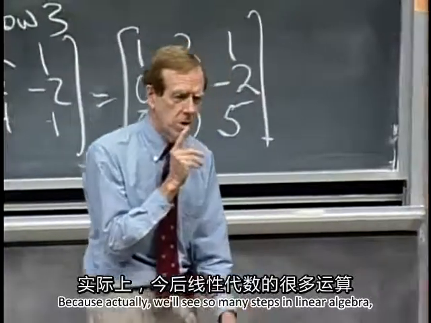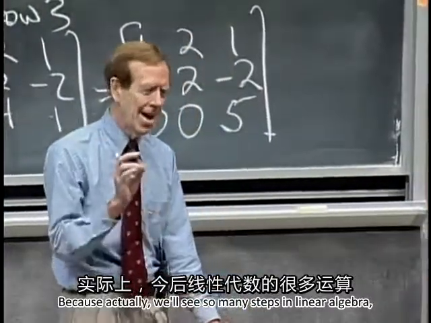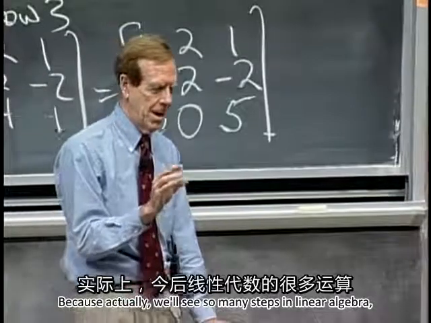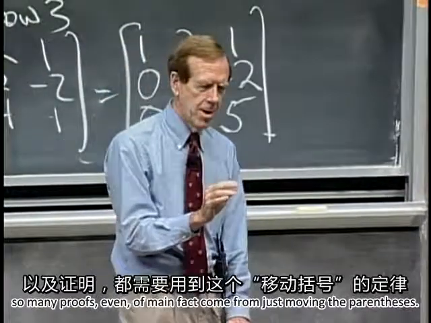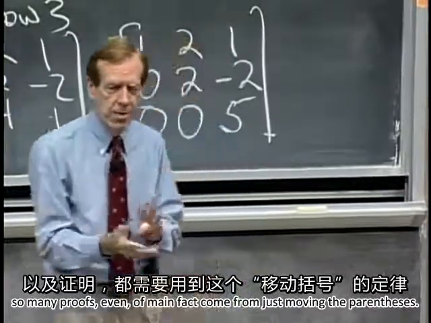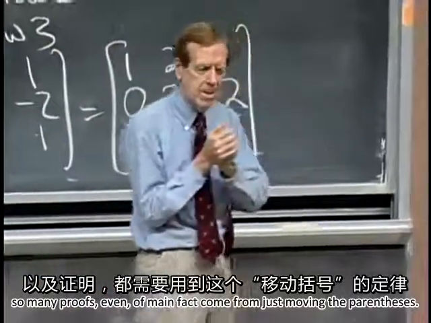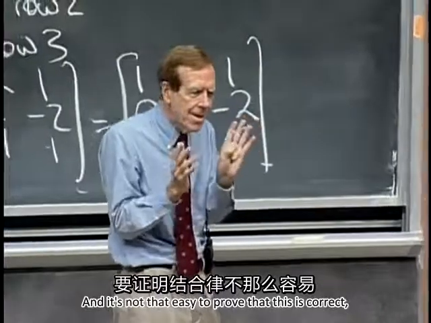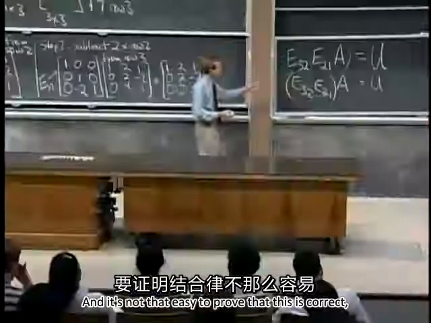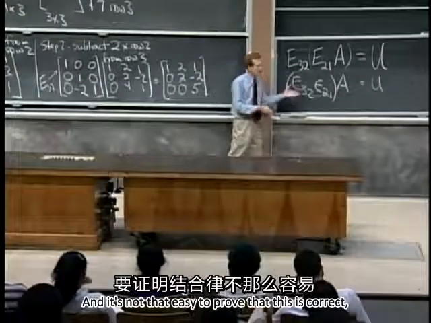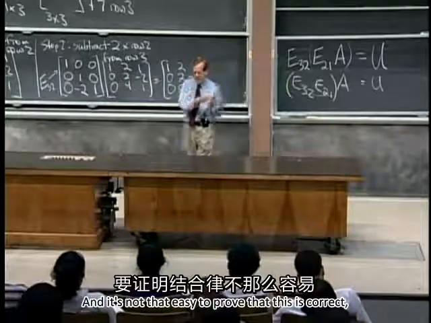Because actually, we'll see so many steps in linear algebra, so many proofs even of main facts, come from just moving the parentheses. It's not that easy to prove that this is correct.